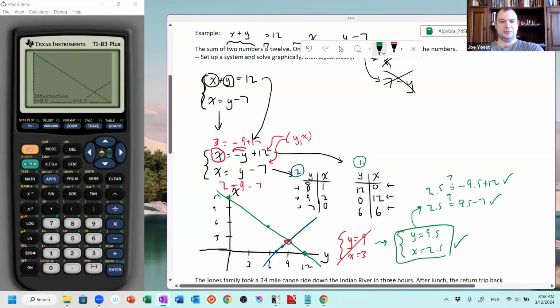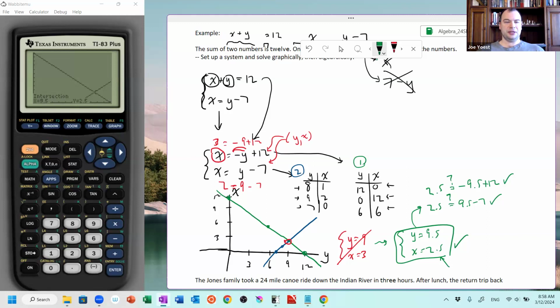So we can go through algebraically, right? We tried to solve it by hand. We got an answer that was close, but sometimes, for things like this, where the answer is fractional, it can be really hard to tease out on a drawing by hand exactly where that intersection is. It looked like it was more or less y equals 9, x equals 3, and that got us pretty close, but not right on.